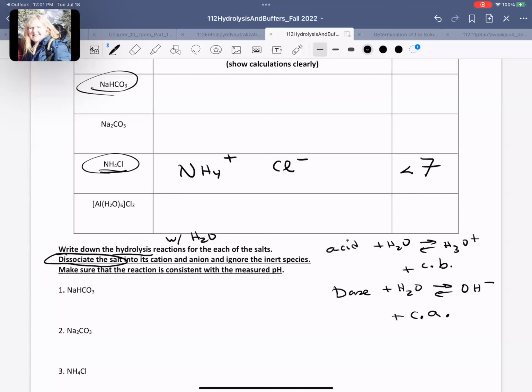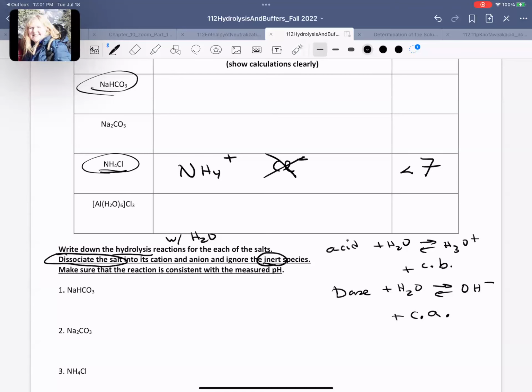Those are the ions, and we're also going to consider the inert species. Now, one of the first things you're going to do in chapter 14 is memorize your strong acids, because you're going to learn that the conjugates of the strongs are inert. Inert meaning that they have no reaction with water. So we are going to ignore or simply cross off our inert species.